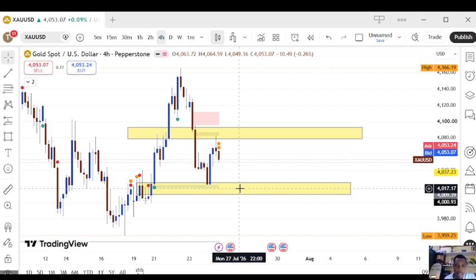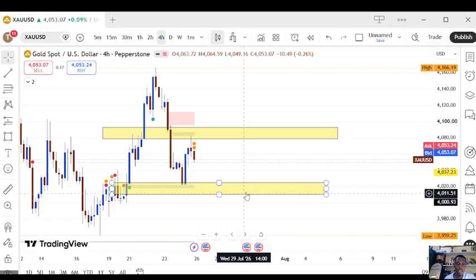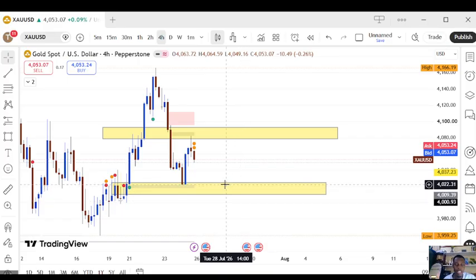The same thing applies to this lower zone here at around 4,017. And another thing, guys: why am I marking these zones? Because the price will not come to an exact place. It may come to 4,020, or it may pass and go to 17, maybe 15.